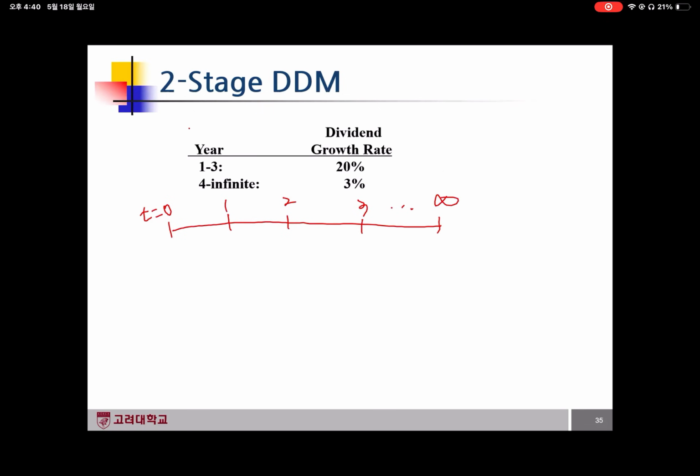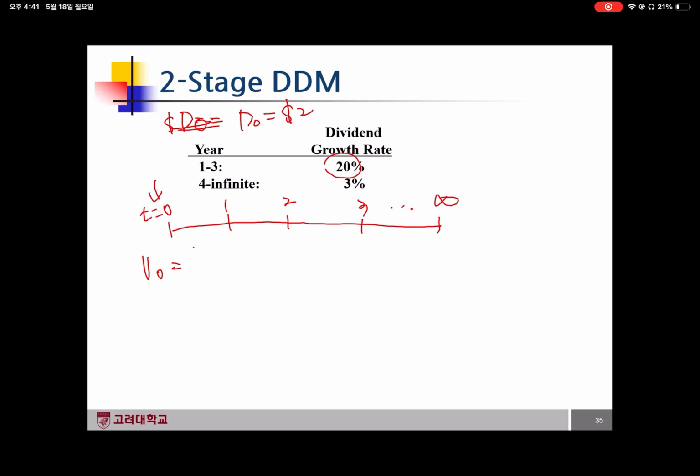Let's assume D0 is $2. This dividend will grow at 20% in year 1, year 2 and year 3. And from year 4 to the infinite period of time, the growth rate will reduce to 3% and remain constant forever.